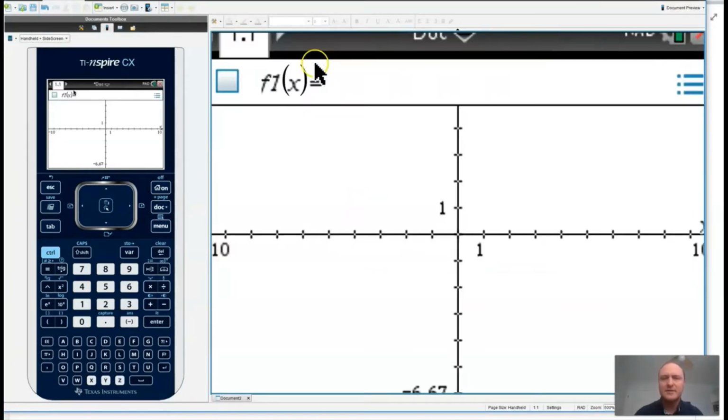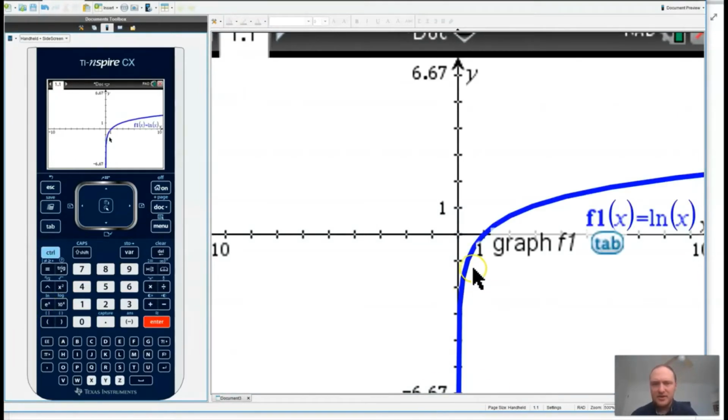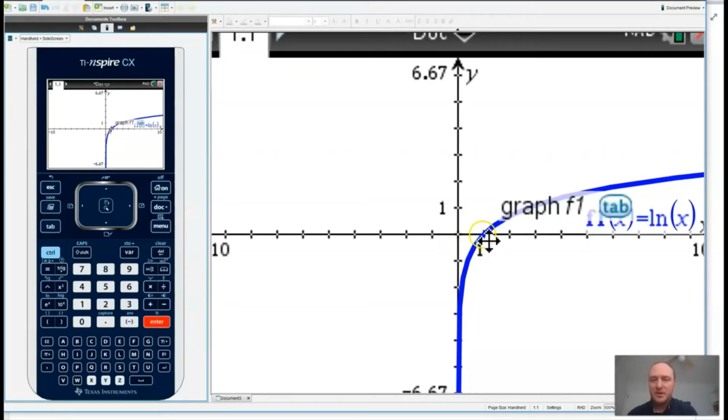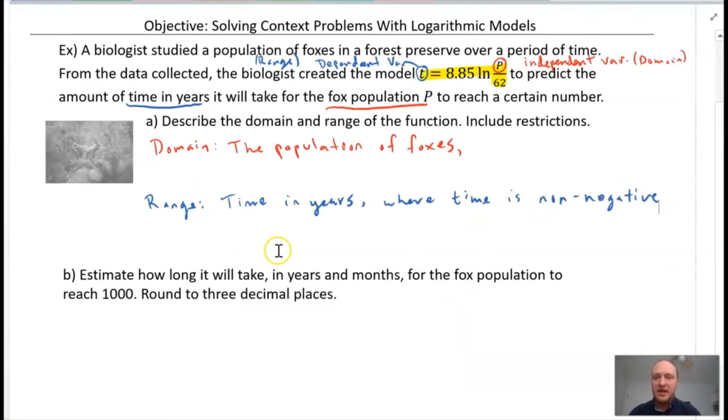Go to graphs, and I'll punch in the natural log of x. So you think about this: the argument must be greater than 0, but the outputs are 0 at the value of 1. So in order to get time that is non-negative, or 0 or greater, I want my argument to be greater than or equal to 1.